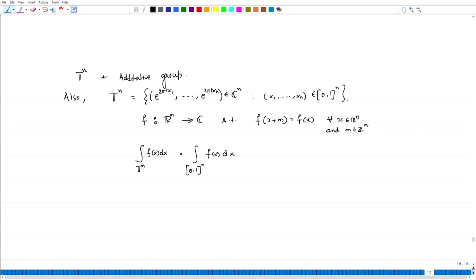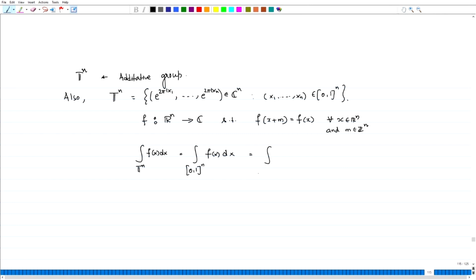This is what I mean by that. This is going to be equal to the integral over any cube of length 1, wherever it is positioned in R^n, because of the periodicity of f it gives the same result.